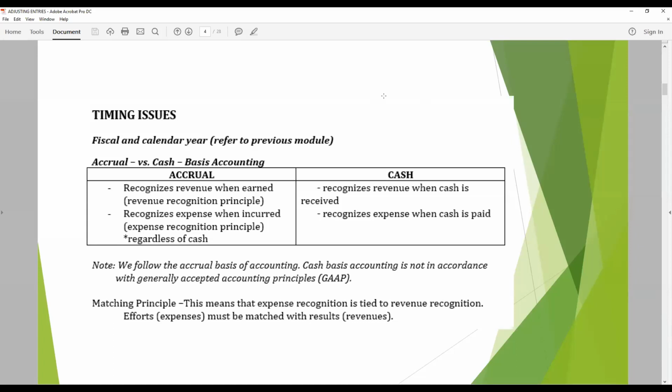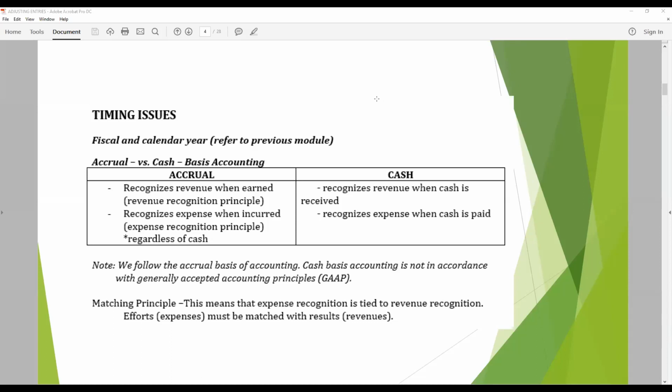Yes, correct. Ang fiscal year nag-i-start any month during the year, even February until December. So any month other than January 1, yun yung fiscal year start period nyo, and ends 12 months thereafter. But the calendar year, it starts exactly at January 1 and ends December 31.